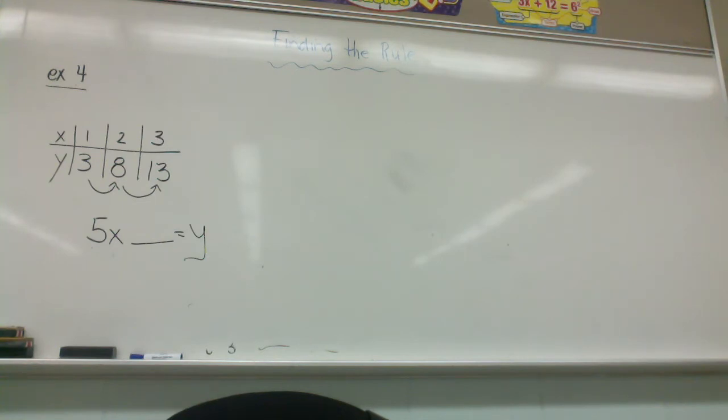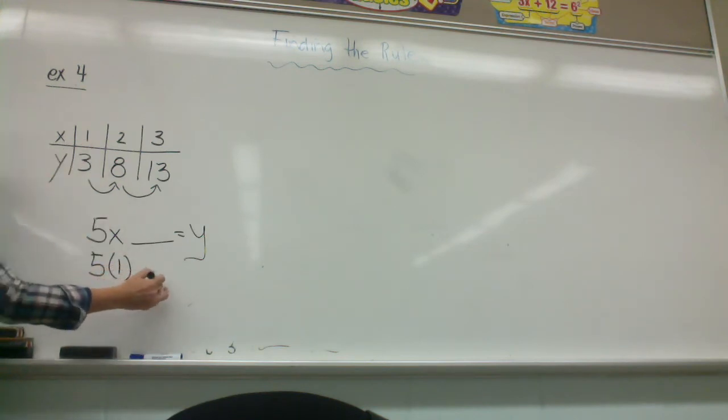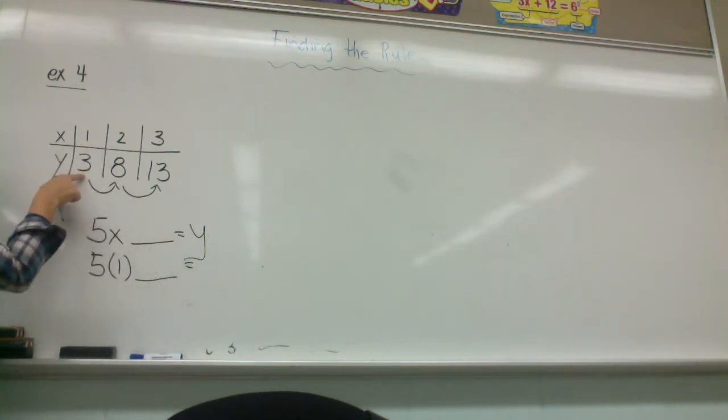So which x, y will you use? Go ahead. Oh, 1, perfect. So 5 times 1. Does everybody see where he gets the 1 from? He's getting it from here. Equals, where does he get the 3 from? Here.